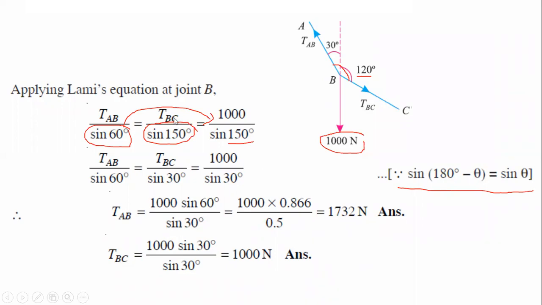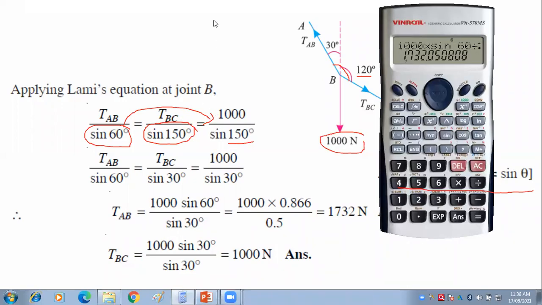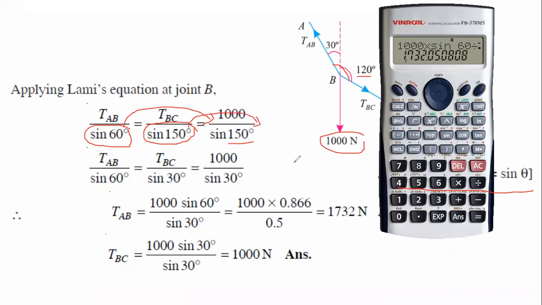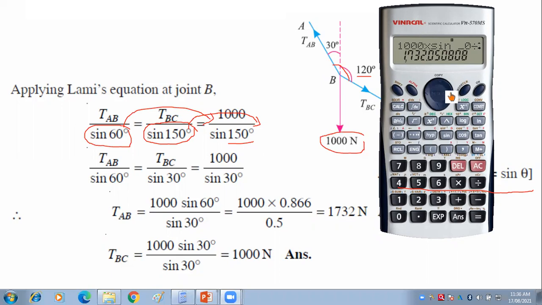Now similarly, for the tension in BC, we have to take this value to this side, which means it will be multiplied with this 1000. The sine 150 over sine 150 gets cancelled, and the remaining term is 1000 only.